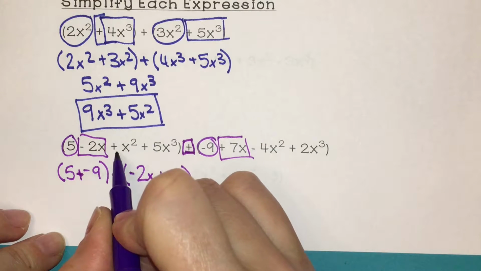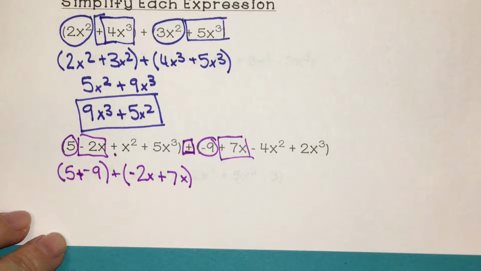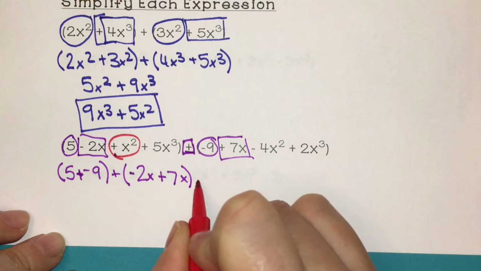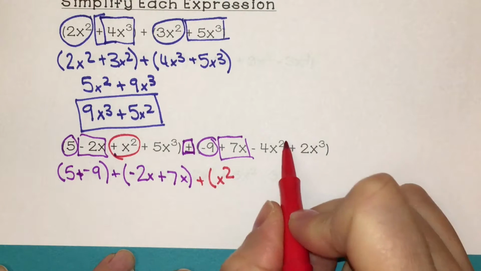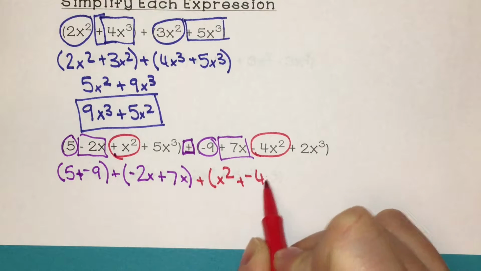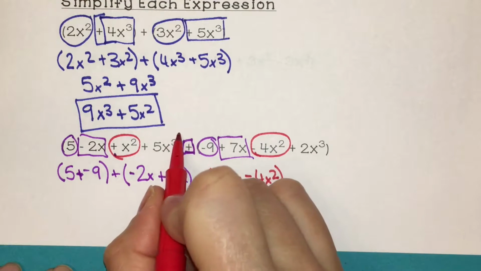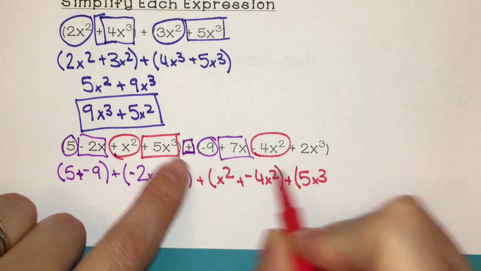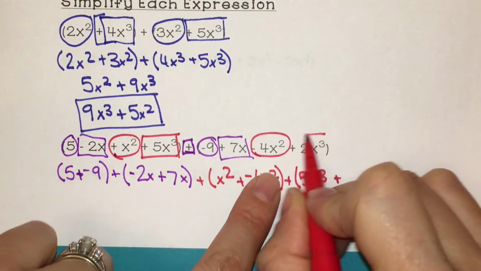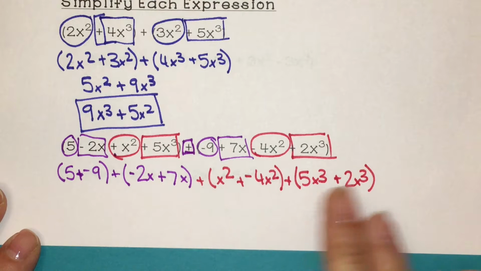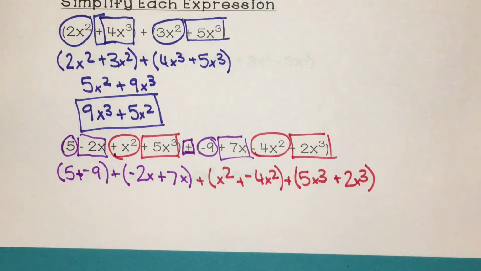Then I use a different color just so I can separate them. We have this positive x squared, so plus x squared, plus here we have a negative 4x squared. Here we have plus a positive 5x cubed, plus in between, a positive 2x cubed. I just wrote it out so that I can make sure I have those like terms together, and I can also check the signs before I combine them.